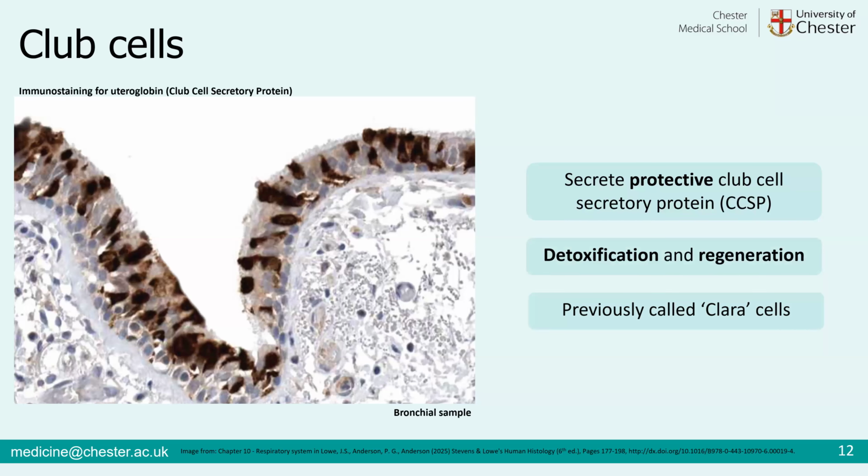You may see them referred to as Clara cells, although hopefully in modern textbooks they don't refer to them by this. That's because the individual who originally identified them was somebody called Max Clara. Unfortunately, he was a member of the Nazi Party, and he did a lot of his work on victims of the Third Reich.